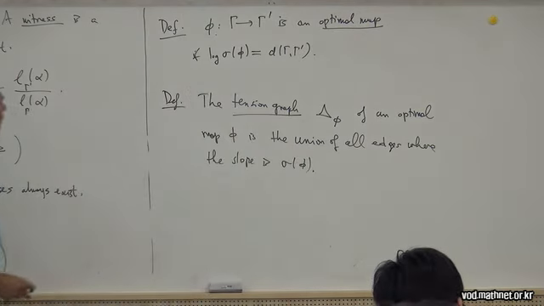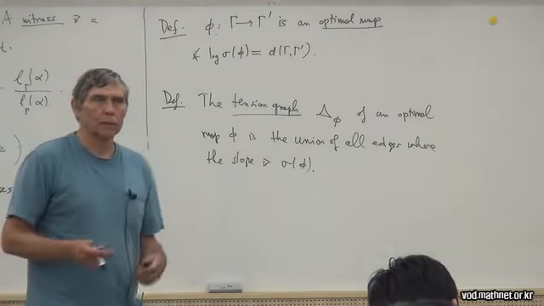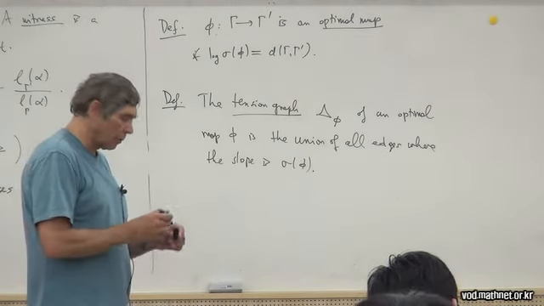So this function phi has a slope equal to sigma phi on some of the edges, but perhaps smaller slope on some other edges. You just take the ones where the slope is maximal.